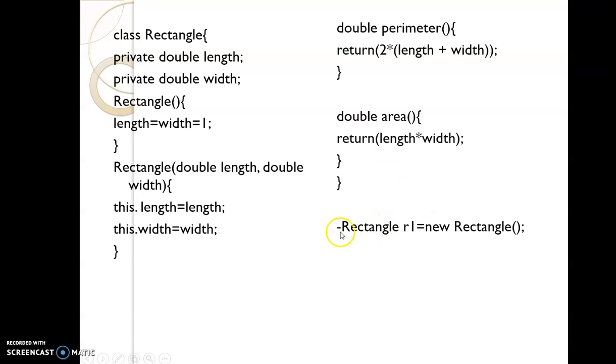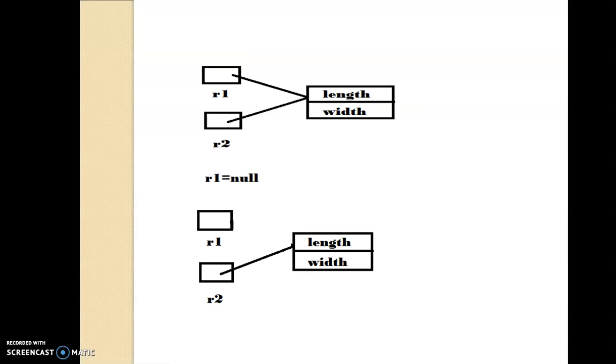Okay, after that what we have seen is we have created the reference variable called r1, Rectangle r1 equal to new Rectangle. In this way the new is going to create an object, and the address it returns, we store into the reference variable. So r1 is pointing to the object of the Rectangle. Here if we say that r1 equal to r2, then r1 and r2 both will point to the same object.